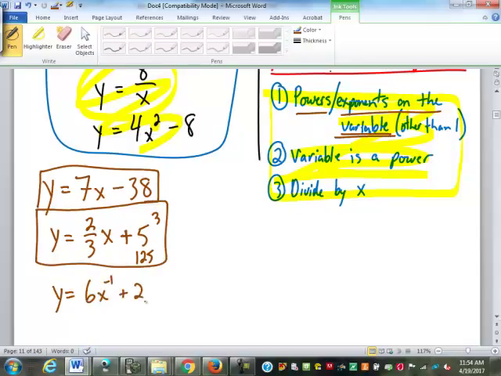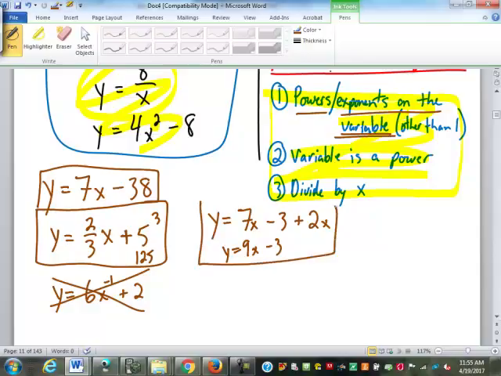How about this one? Line or no? No, because of x to the negative 1, that will not be a line. How about this one? It's tempting to say no again, but remember, we can take 7x and 2x, make 9x minus 3.